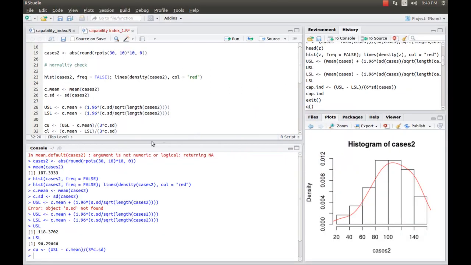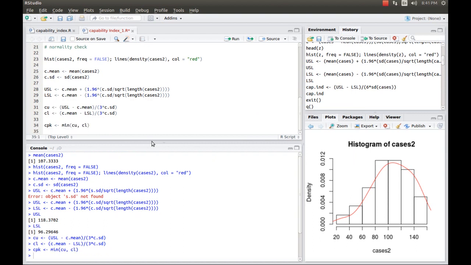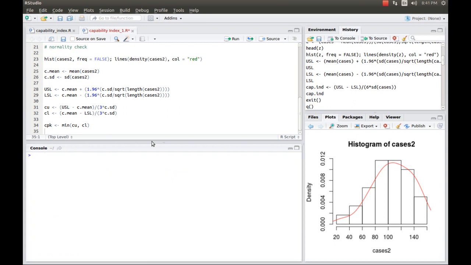So now let us go back and calculate the CL, and now CPK is going to be the minimum of CU and CL. So now let us go to the console and check the values CU, CL, and now CPK. Oh, that is positive, right? 0.1192.